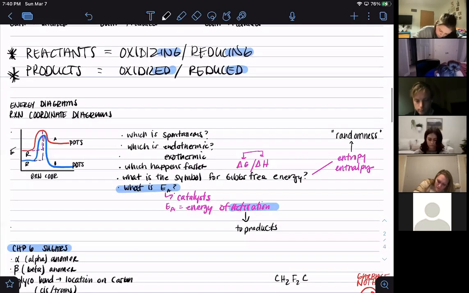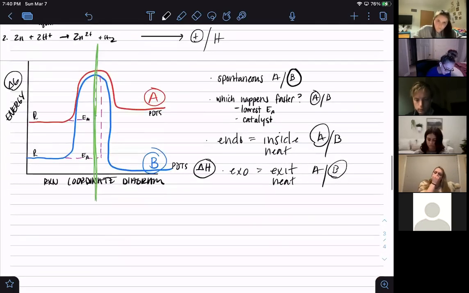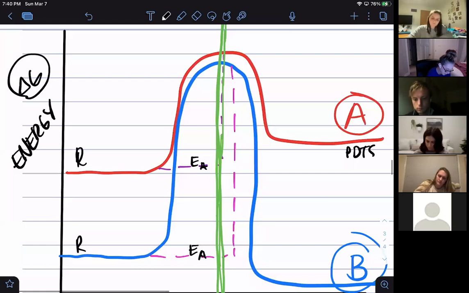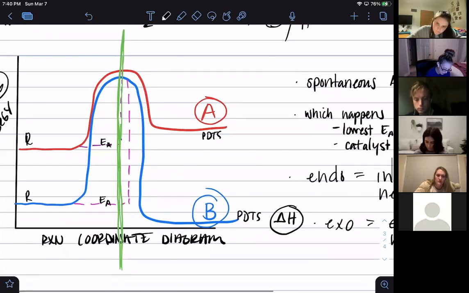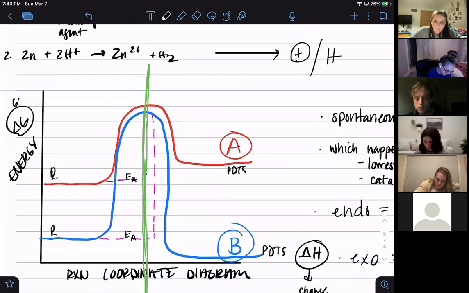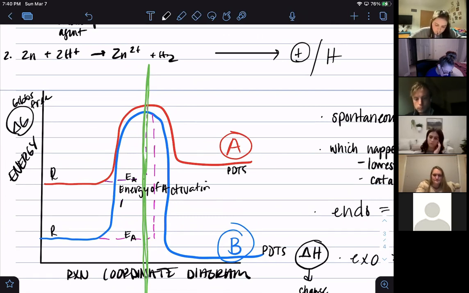And then the other thing is, what is the symbol for free Gibbs energy right there? Delta G, that's the symbol for Gibbs free energy. There's the symbol for the change in heat. And then I'm going to label this as either energy of activation, which is why we call it E sub A, or you could just say it is also known as activation energy.